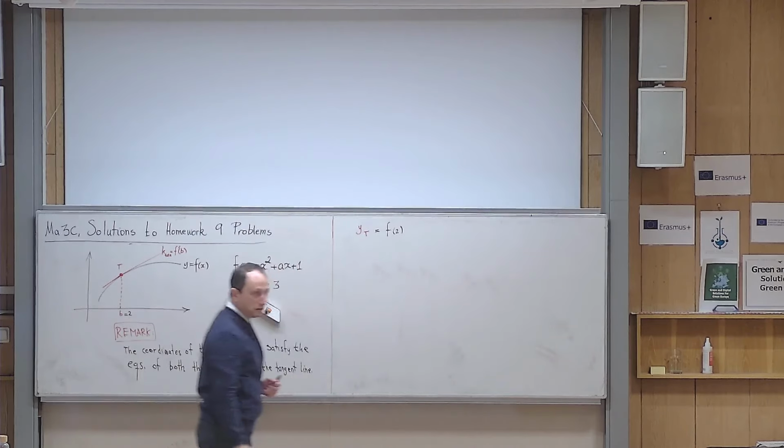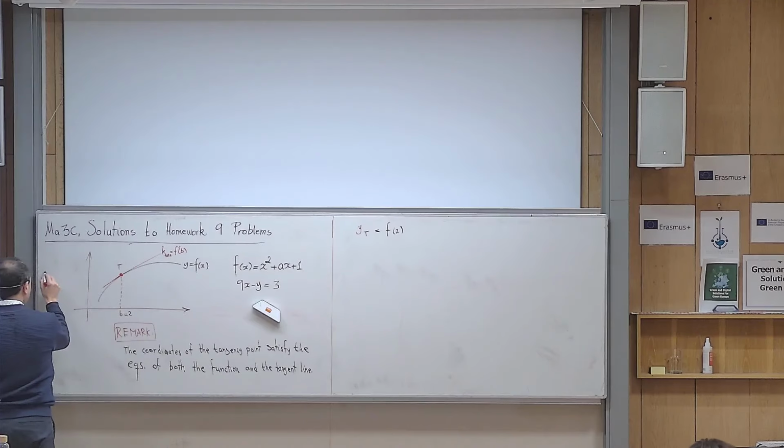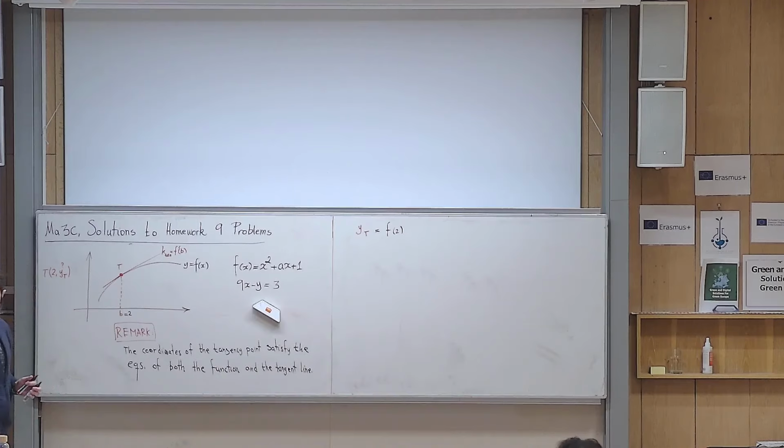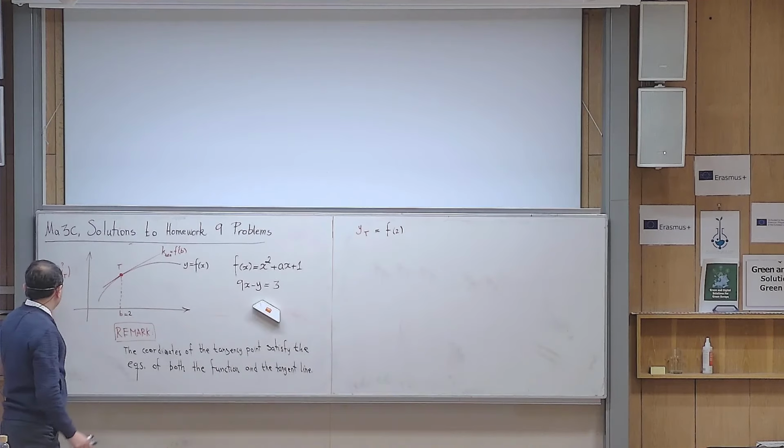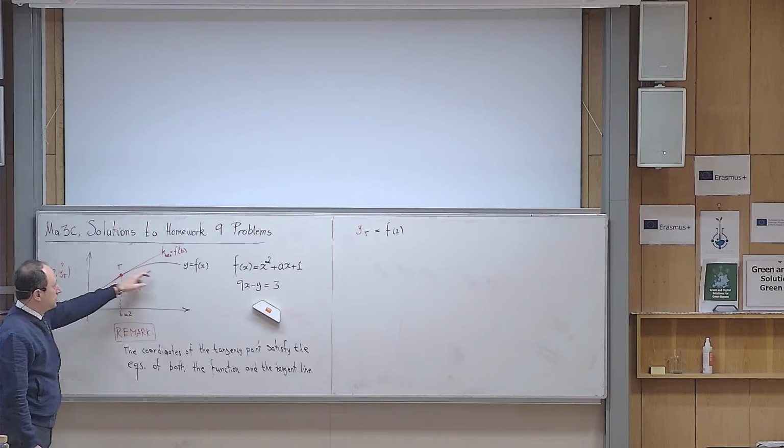Do you agree? So let me write it like this. T is a point whose x-coordinate is 2, the y-coordinate is missing. So T is (2, y_T), because this x-coordinate is 2, the y-coordinate is unknown. But I know that this is on the line, and it is also on the curve.